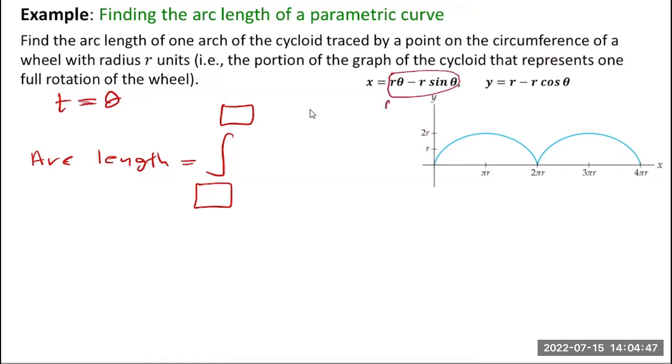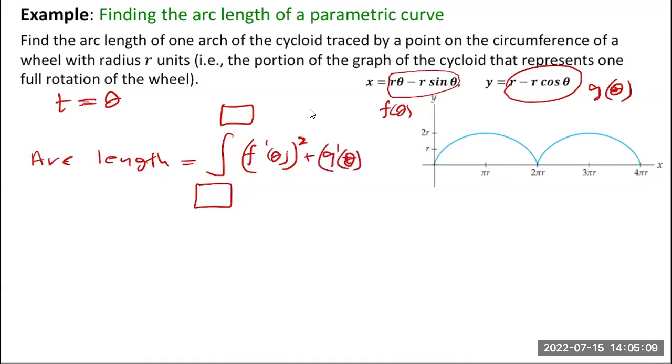This is f of theta, this is g of theta. So we need f prime of theta squared plus g prime of theta squared, the square root of that, dt. That's what we need to find, right?